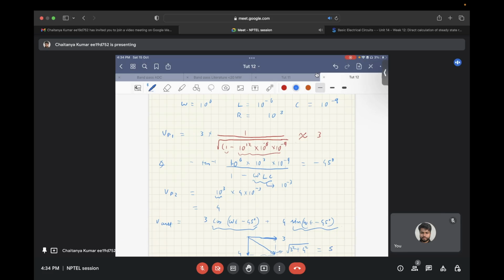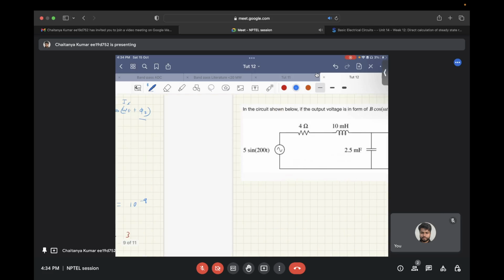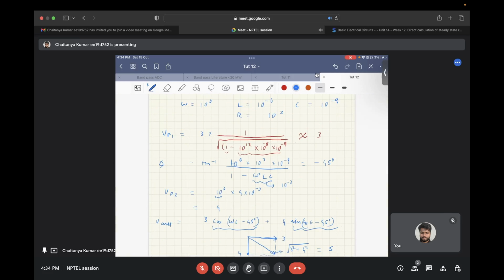And the additional phase that you will be getting from cos will be the tan inverse of 3 by 4. So let's work it out.